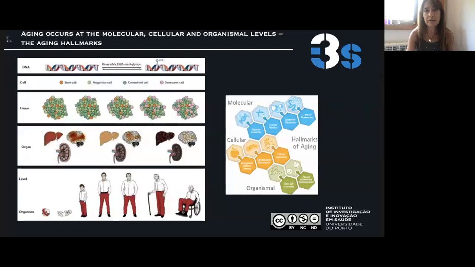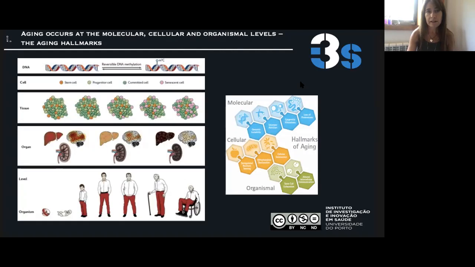Aging represents a major risk factor for many chronic diseases, including cardiovascular diseases, diabetes, cancer, arthritis, and frailty. Aging occurs at the molecular, cellular, and organismal level, and a host of age-associated features has been identified, with a subset being potential drivers of the aging process, the so-called aging hallmarks.